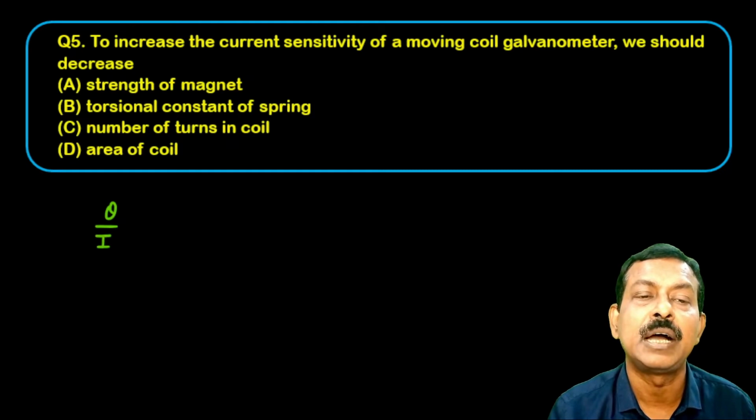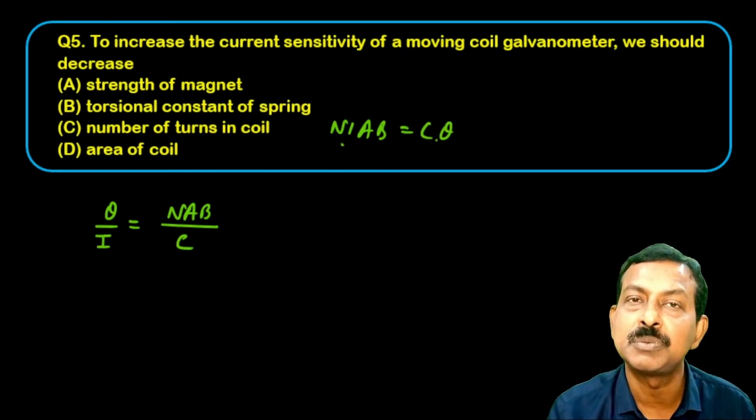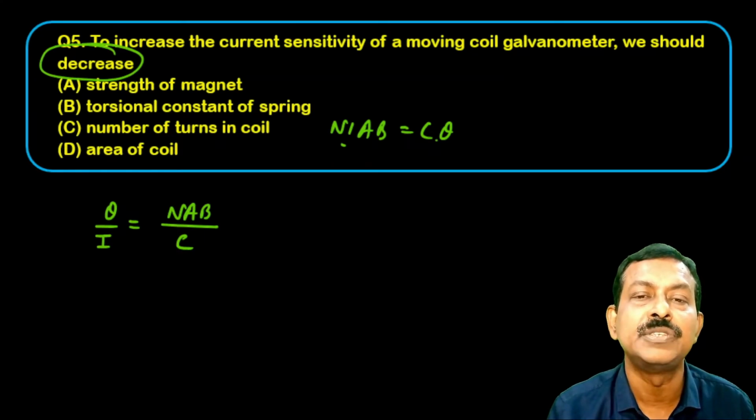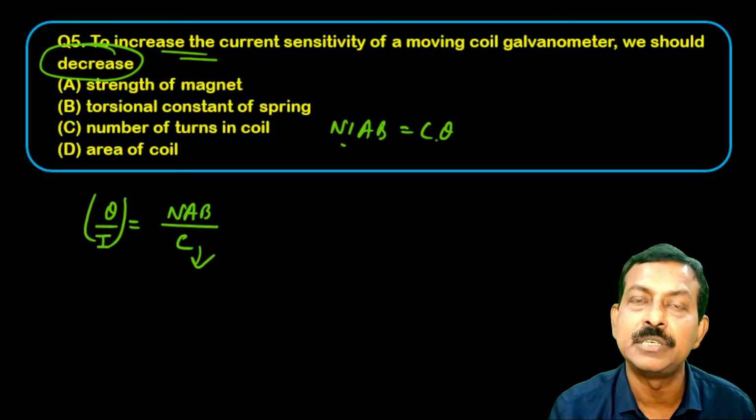It is θ by I, and this is NAB divided by C, because we have already seen the expression NIAB equals Cθ. So θ by I, from this expression, is NAB by C. So what should we decrease? To increase the current sensitivity, it is the C term. If you decrease C, then this term will increase. So if you decrease C, the current sensitivity will increase.